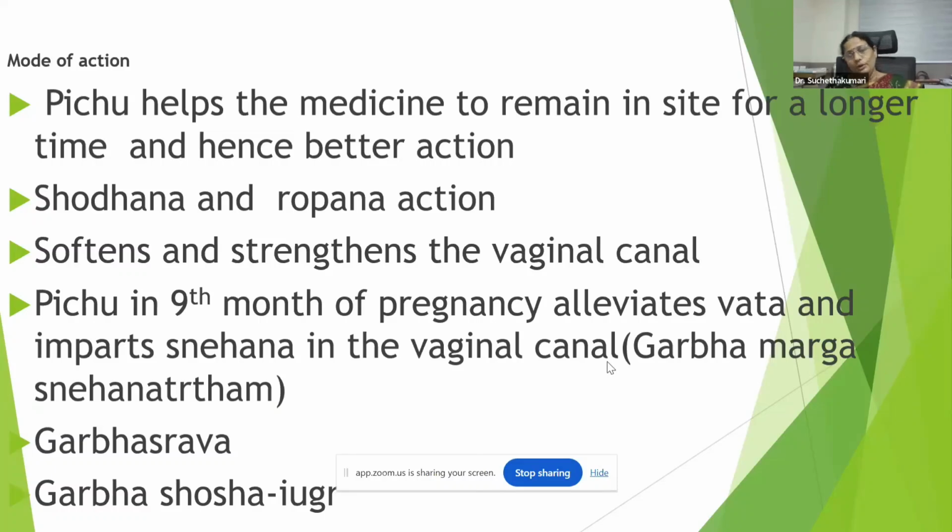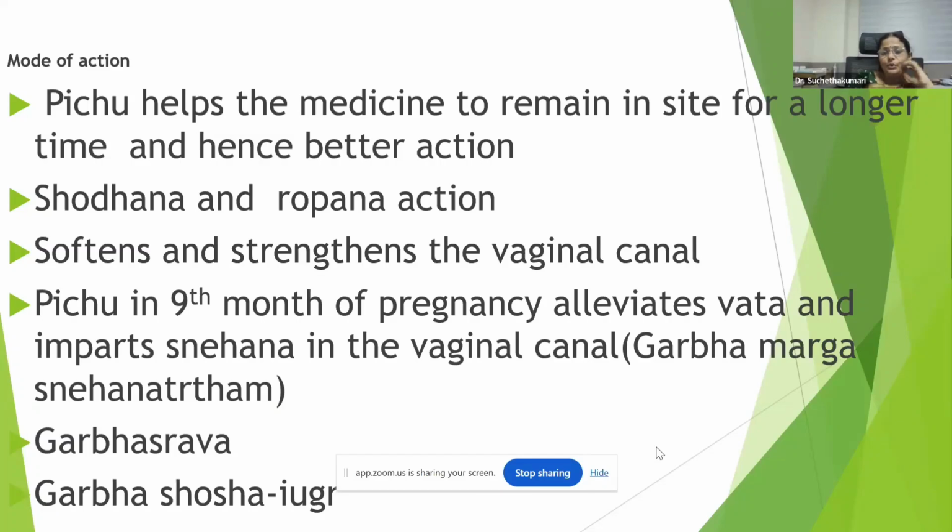So here also, for whoever is practicing obstetrics, we can see that the pichu along with the matra basti, in the ninth month, and in the same period after the completion of preferably 38 weeks, if pichu is given and also matra basti with any vatahara tailas is given, it helps in the easy delivery.